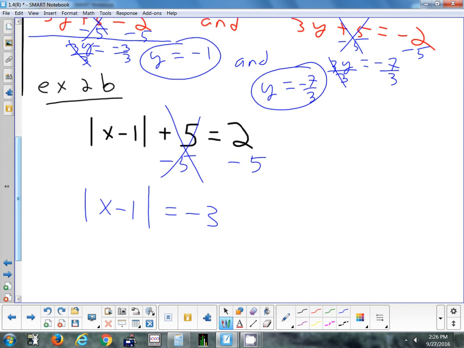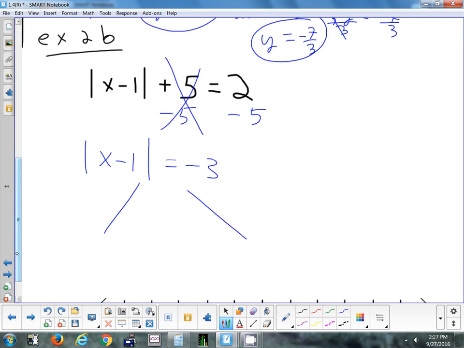We'll go through it using the steps that we normally use, but let's check our answer at the end and see if it works. This is the kind of problem that could come up. So let's go through it, but keep in mind, you're saying that something positive, absolute value, is somehow going to equal a negative. Something's going to happen here.